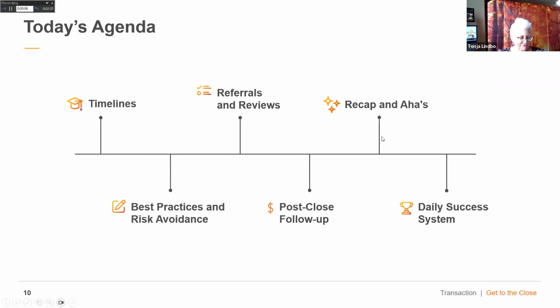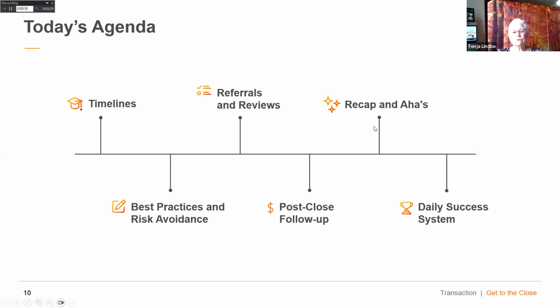So anyway, what we're covering today are the timelines, your best practices and risk avoidance, which is huge. You also have referrals and reviews. So everybody you meet along the way is an opportunity to collaborate with, either getting another buyer or seller, or at least another contractor or vendor that you can use moving forward. Then we'll go over post-close follow-up.